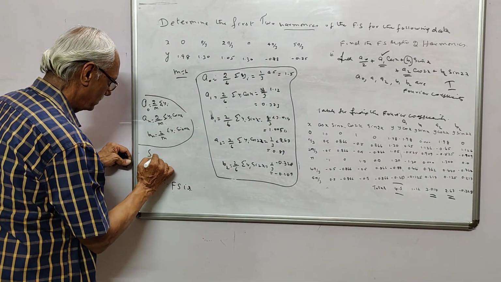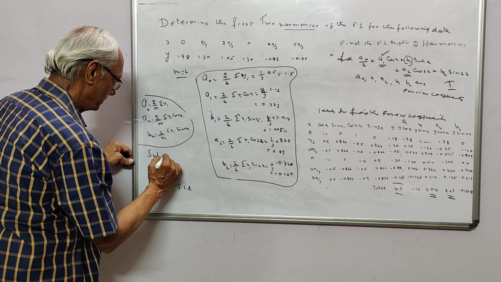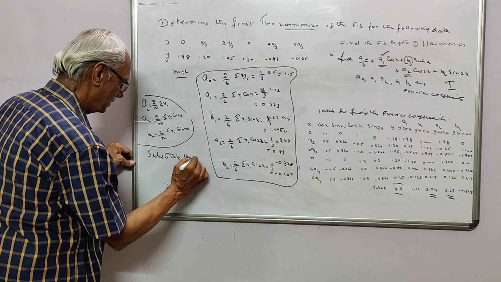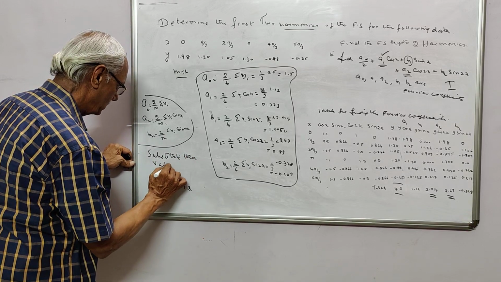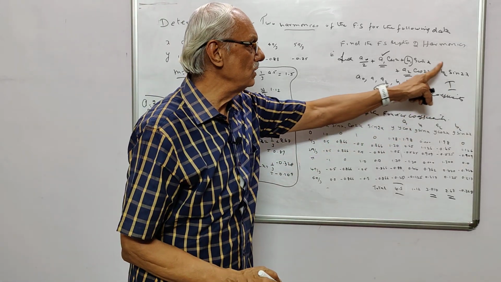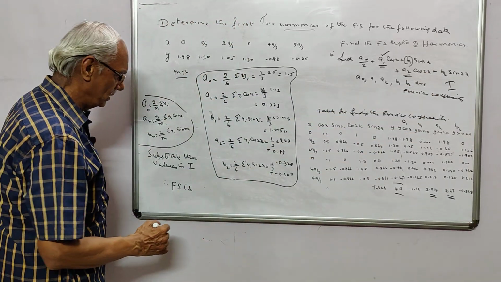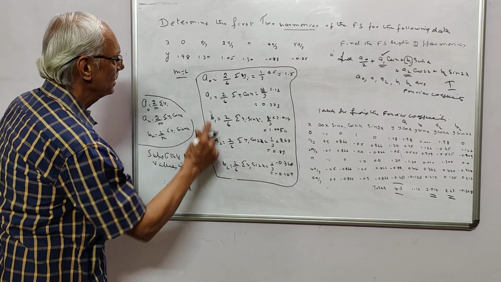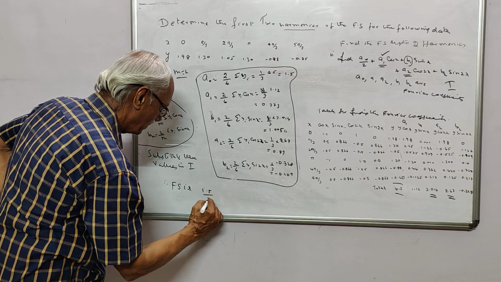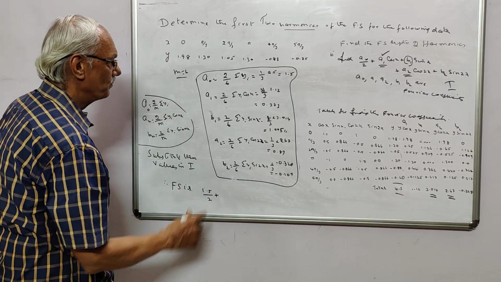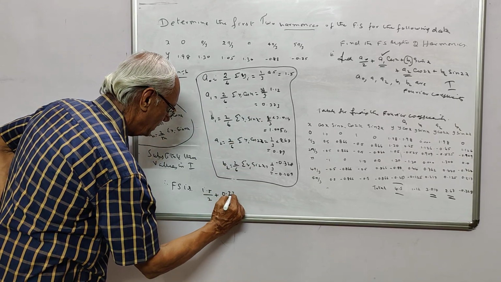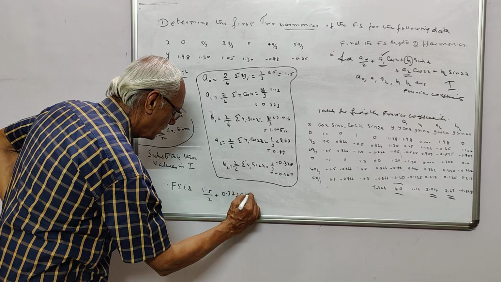Substitute these values in 1, you will get the Fourier series. What is your A naught? 1.5 by 2 plus A1 is 0.373 cos x.